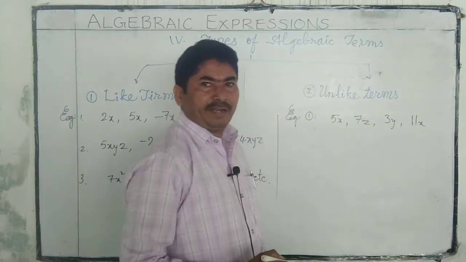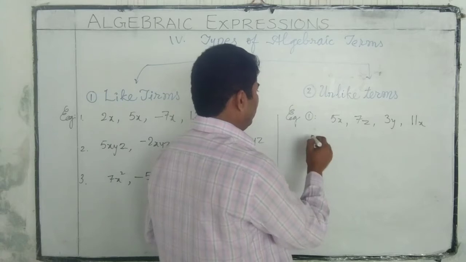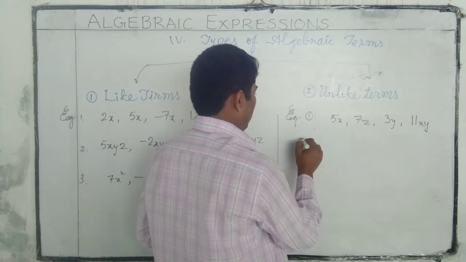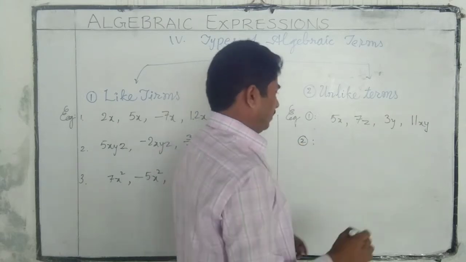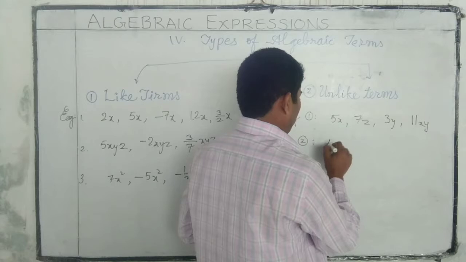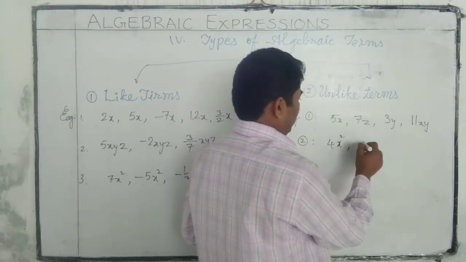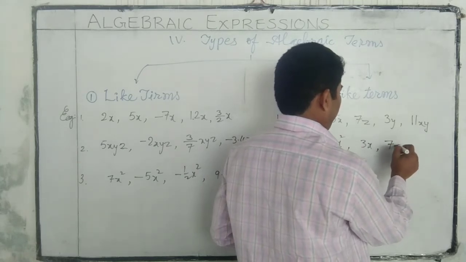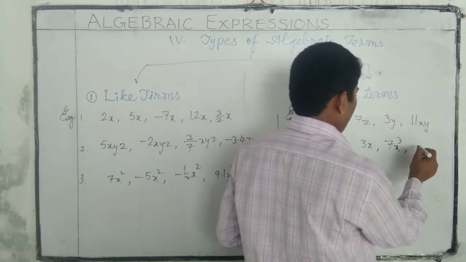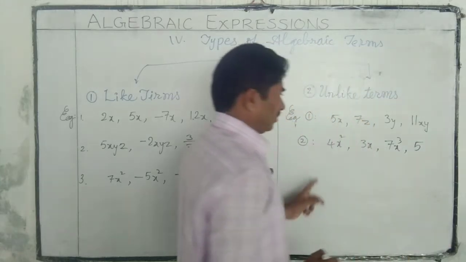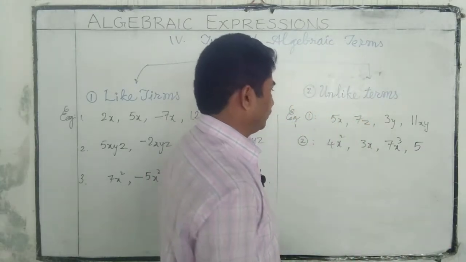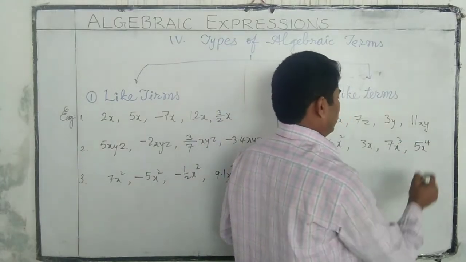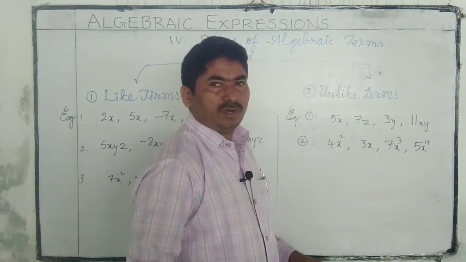These are unlike terms. 11xy. Second one, 4x square, 3x, 7x cube, 5. These also unlike terms, or we can write 5x to the power of 4. These also unlike terms.